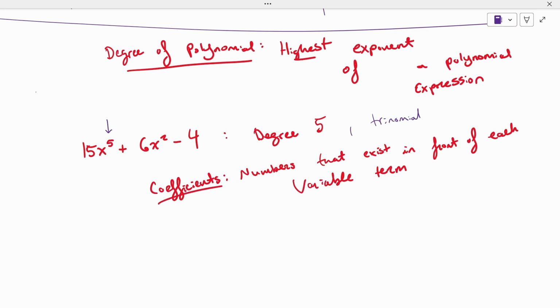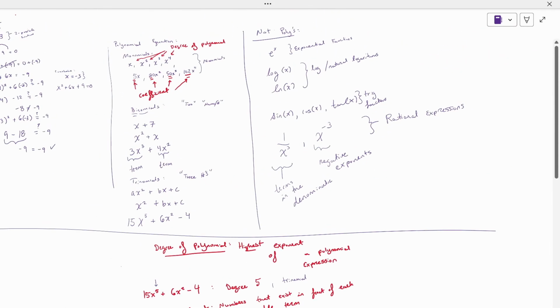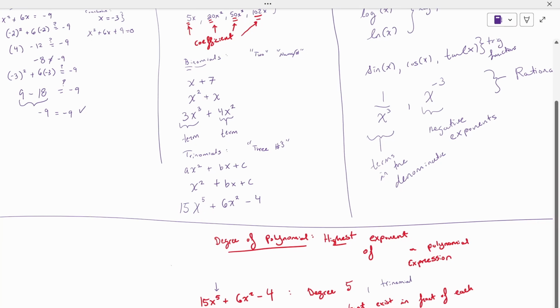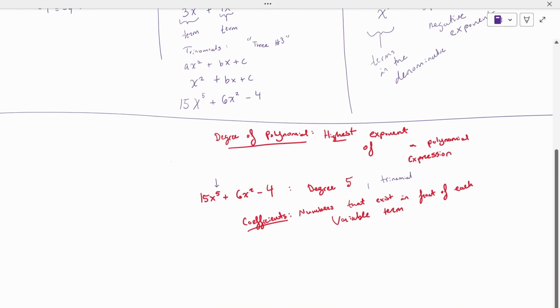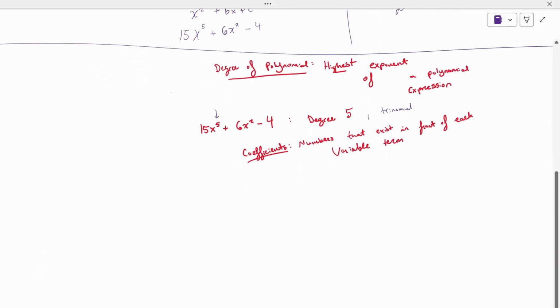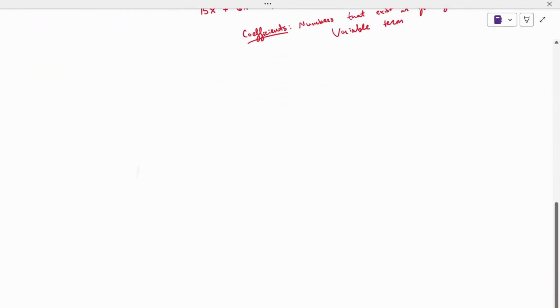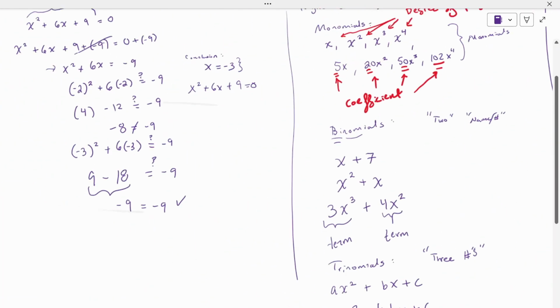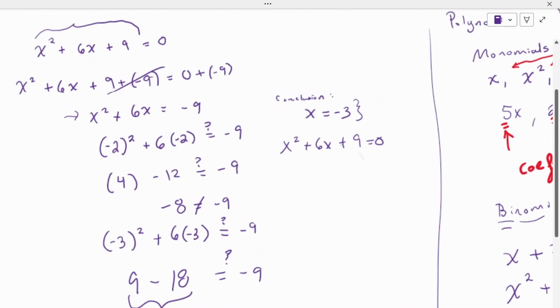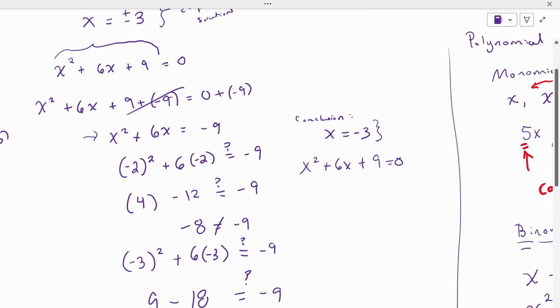Okay, so coefficients and degree of polynomial, they're interesting. They're definitely going to influence the types of manipulations that we can perform on a given polynomial, or the manner in which we can perform those specific operations.